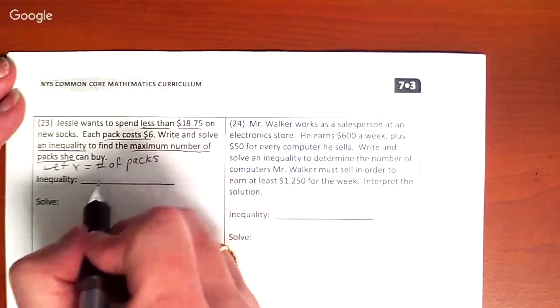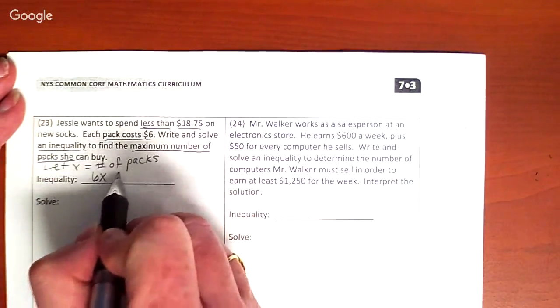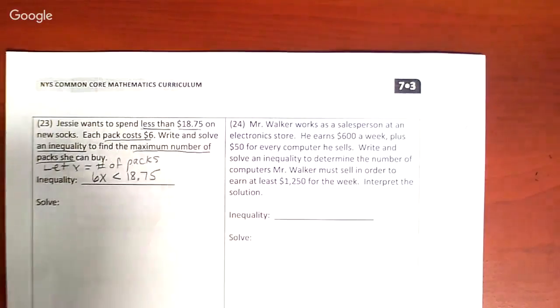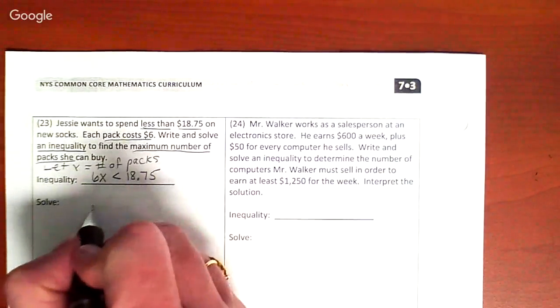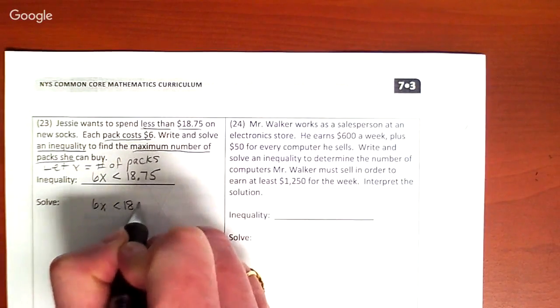So again, the cost is $6 for every pack, and they want to spend less than $18.75. Well, for that one, we're going to have 6x is less than $18.75.